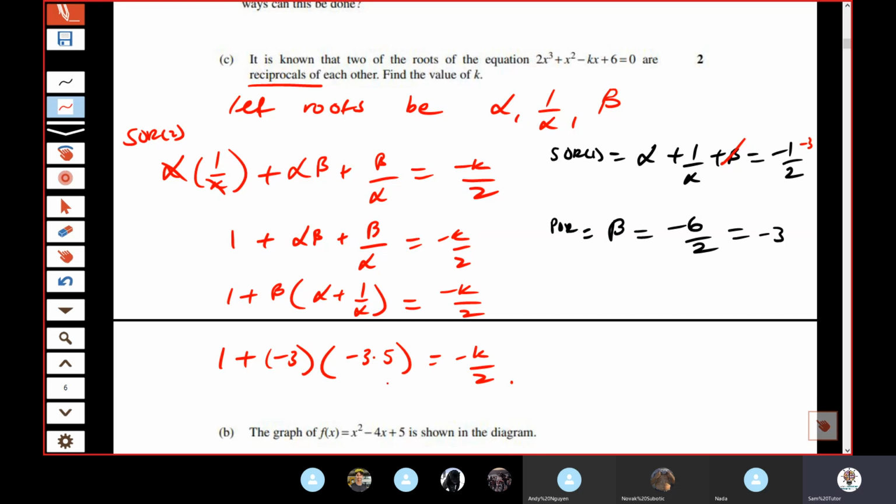I guess you had to realize to factorize beta out for that one. Times it by 2. And we're almost there. k should equal -23.